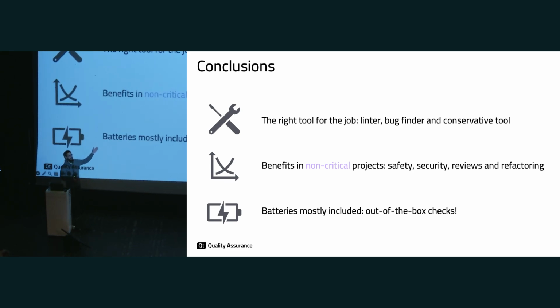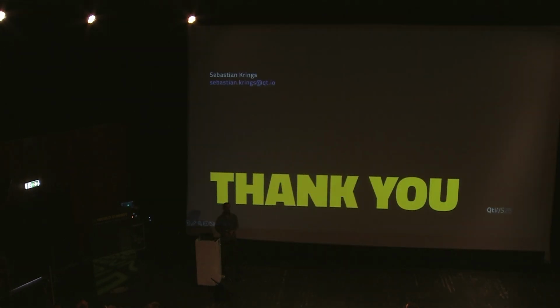Go take a tool and use what's there out of the box, which takes you pretty far already. And once you fix these issues and get your flow working on these ones, see that you go for the more advanced stuff customized for your project and continue there. Thank you.